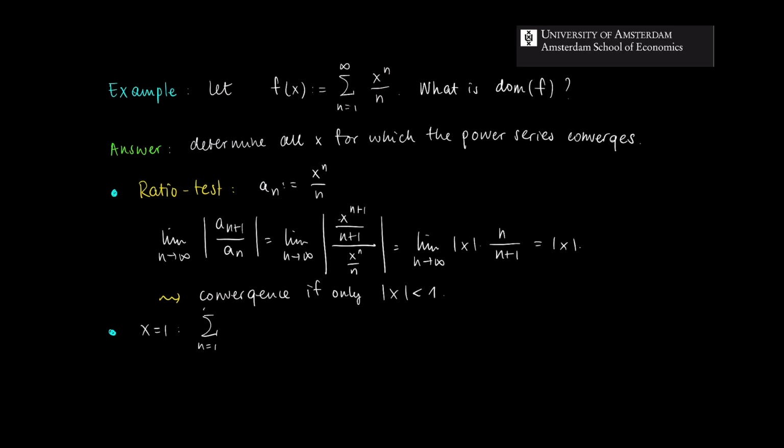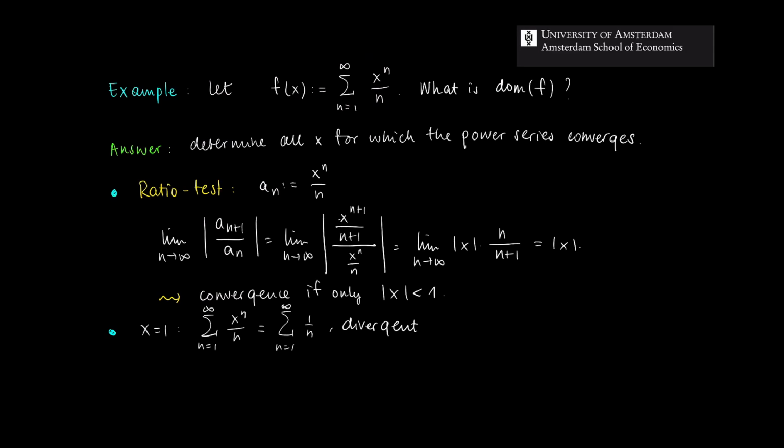Well, we just plug in our x, we get the series x to the power n divided by n is the series, the sum of n equals 1 to infinity of 1 over n, which is the well-known harmonic series, which is divergent.